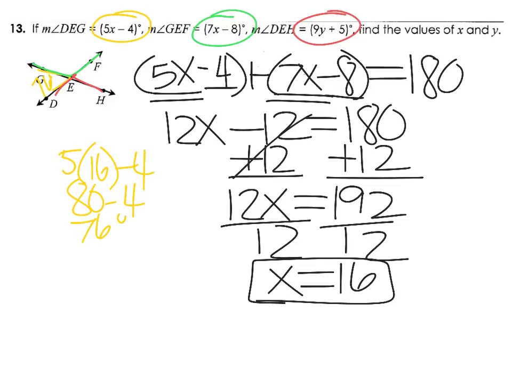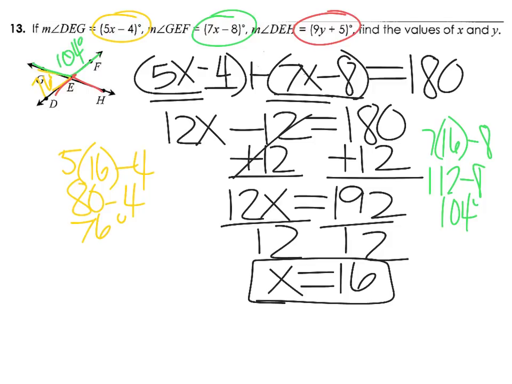We can go back and plug x into here as well. 7 times 16 minus 8, 7 times 16 gives us 112, minus 8 gives us 104. So this angle right here is 104 degrees.